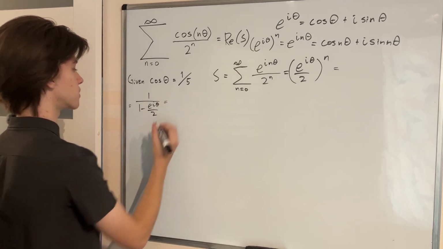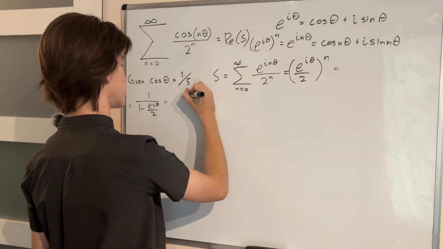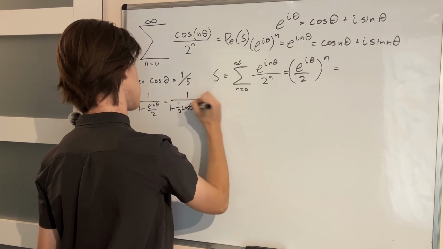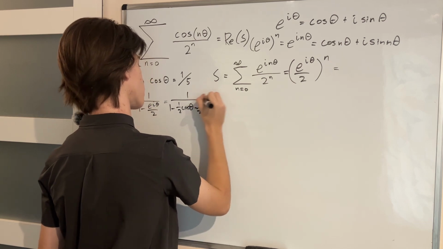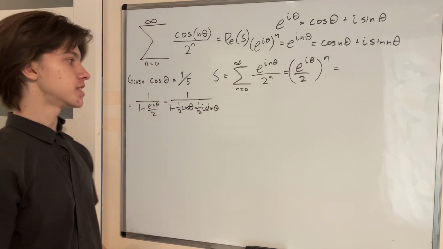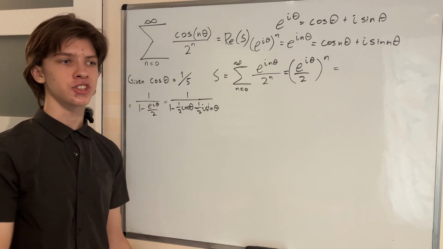Alright, so this is what s is equal to, and now we can expand e to the i theta using Euler's identity, and then get to 1 over 1 minus 1/2 the cosine of theta, minus 1/2 i sine of theta. I just used Euler's identity and then distributed this 1/2 everywhere. So, that is what s is equal to. We also have a value for cosine. So can we just substitute this in?